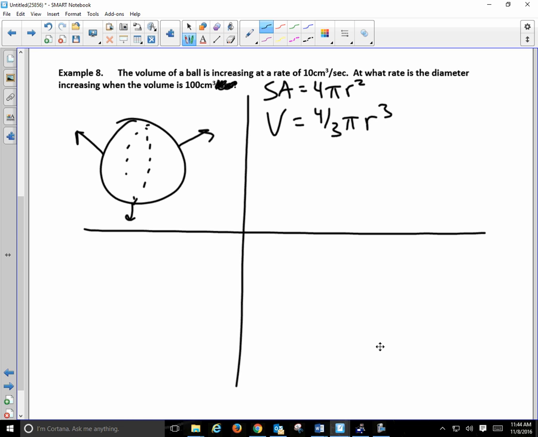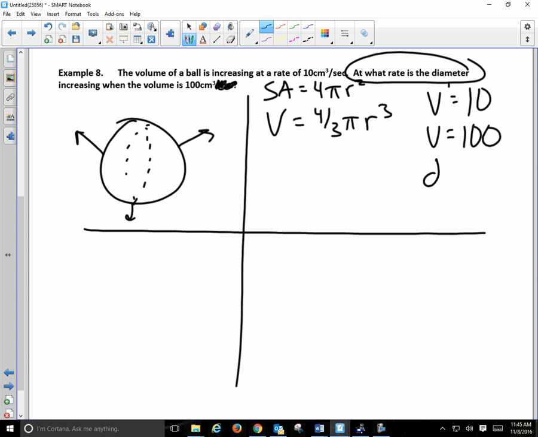We're given V prime is 10. We're given V is 100. What is it that we are trying to find? At what rate is the diameter increasing? Therefore, we are looking for d prime.